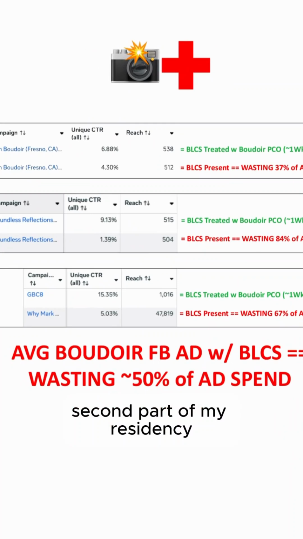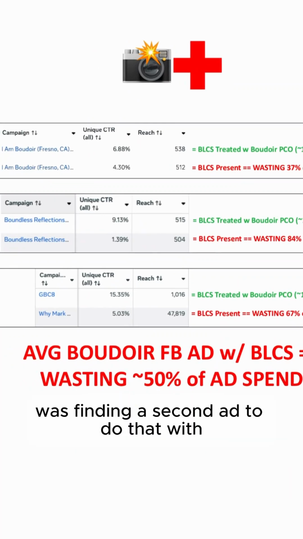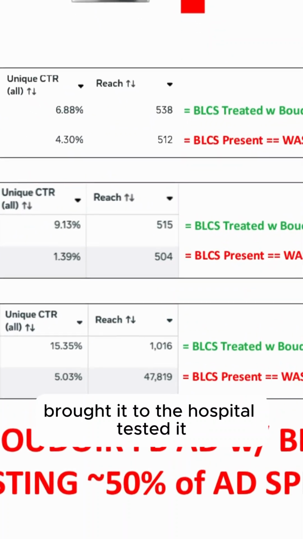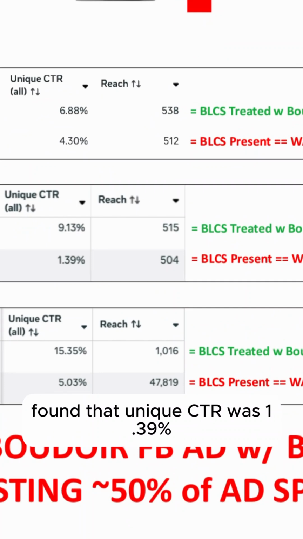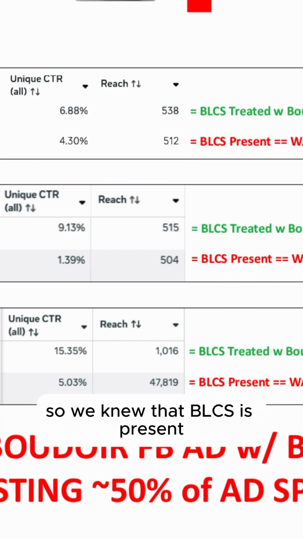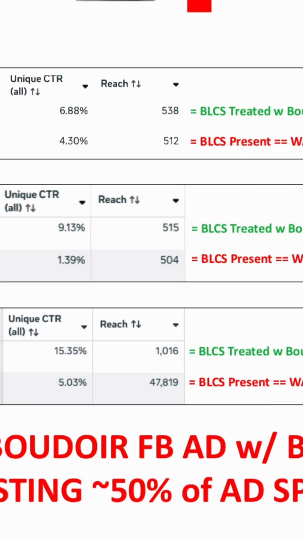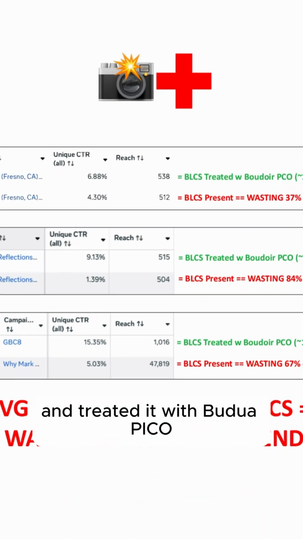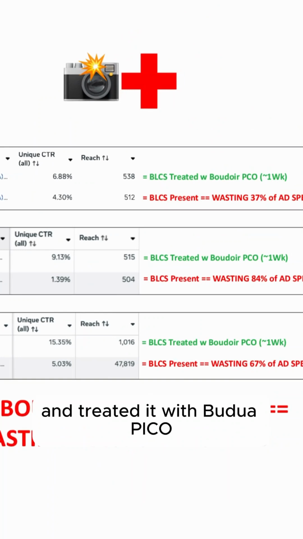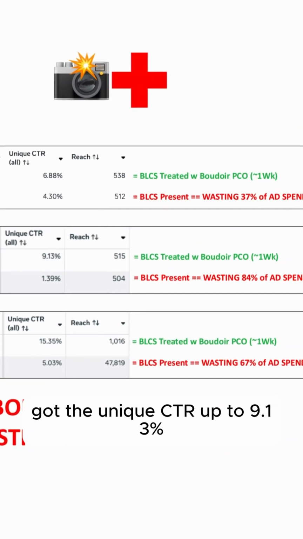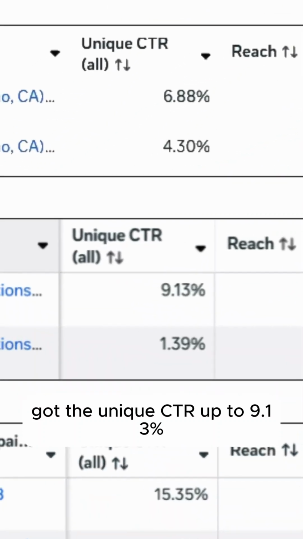Second part of my residency was finding a second ad to do that with. So found another one out there, brought it to the hospital, tested it, found its unique CTR was 1.39%. So we knew that BLCS is present. So we duplicated that and treated it with boudoir pico, got the unique CTR up to 9.13%.